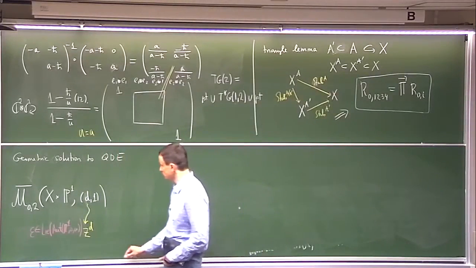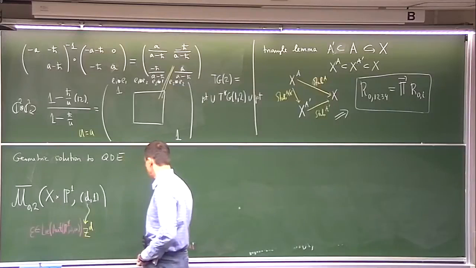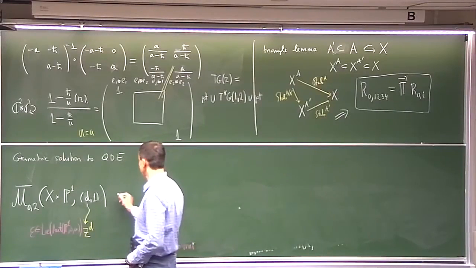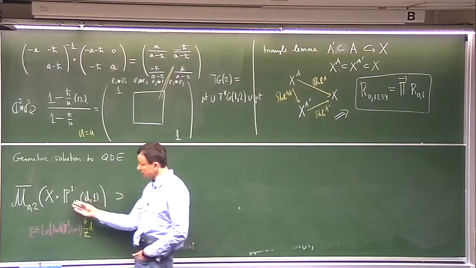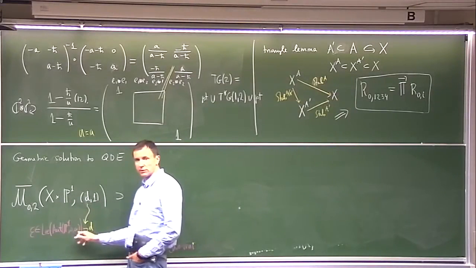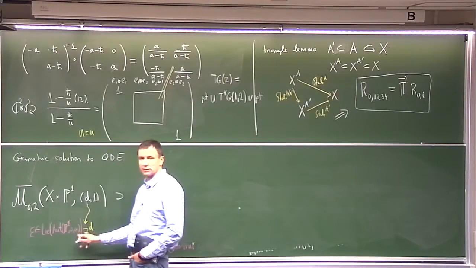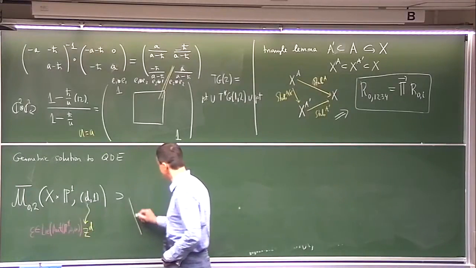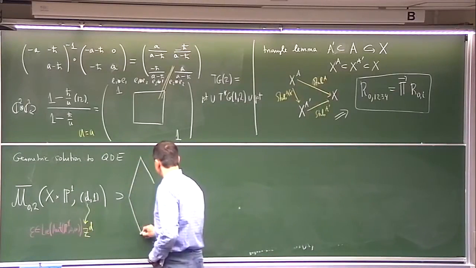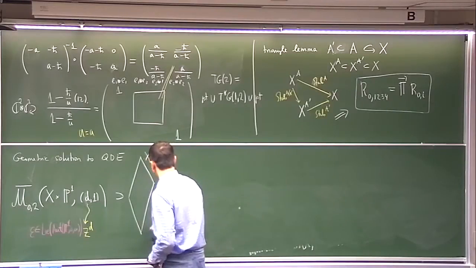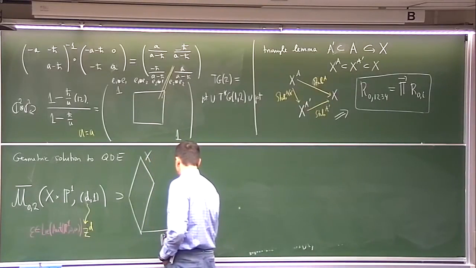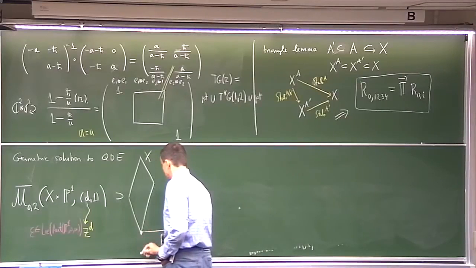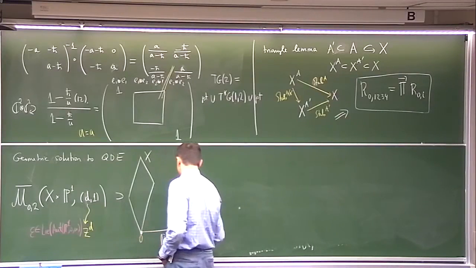And the locus at which I want to look here will be some open locus of maps that really look like graphs near infinity of this P1. Let me draw a picture. So this is my X, and this is P1. It has a point 0 and a point infinity.